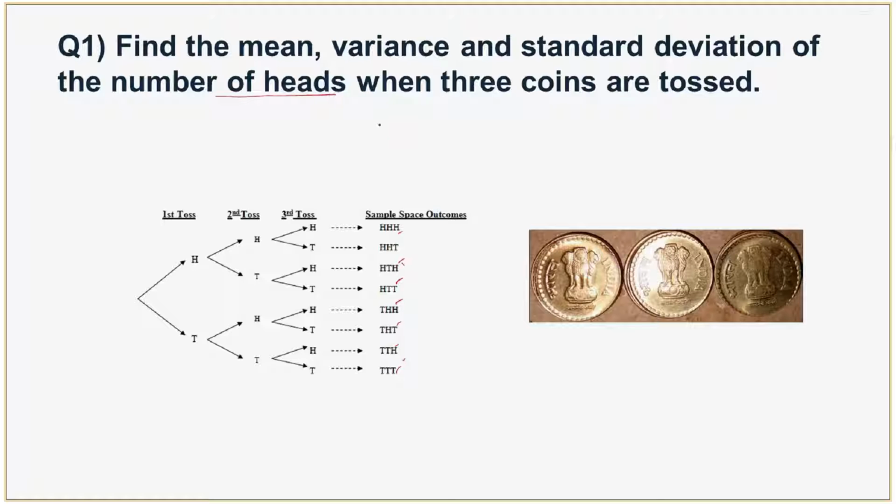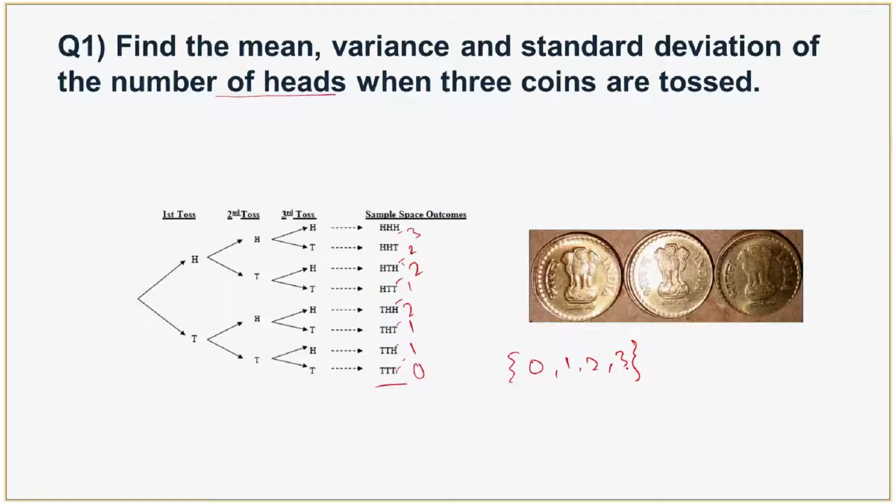So what could be the number of heads here? It could be 0, like the case here. It could be 1, 1, 2, 1, 2, 2 or 3. So the number of heads could be 0, 1, 2 or 3.